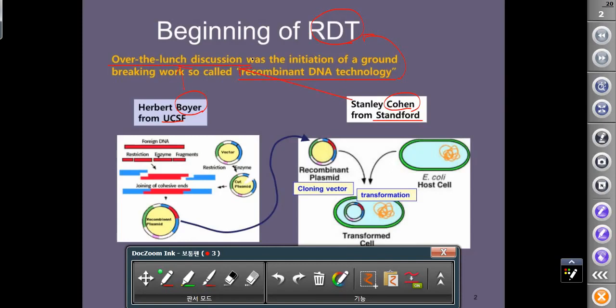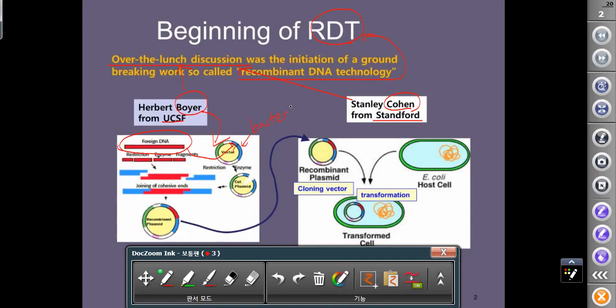At that time, Dr. Boyer had this technique. Let me explain it in more detail. He was able to insert any gene of interest, a foreign DNA, into a vector. You know vector, you already learned it. The vector from bacteria, okay?